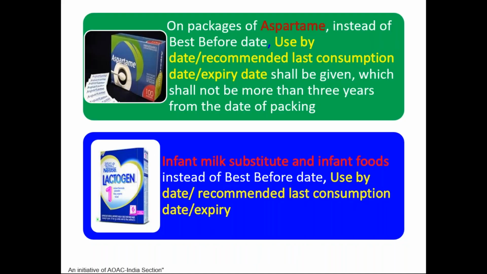On packages of aspartame, instead of best before, they have to use the best by date or recommended last date of consumption. In infant foods and infant substitutes, they have to use only the use by date or recommended last date and not the best before date.